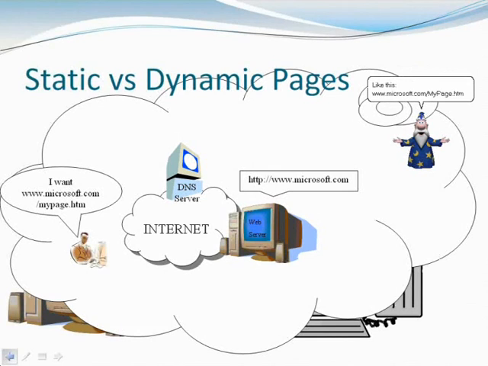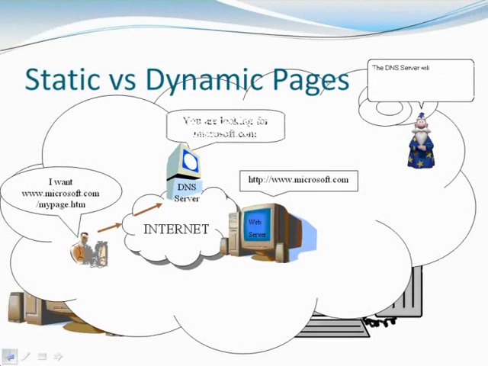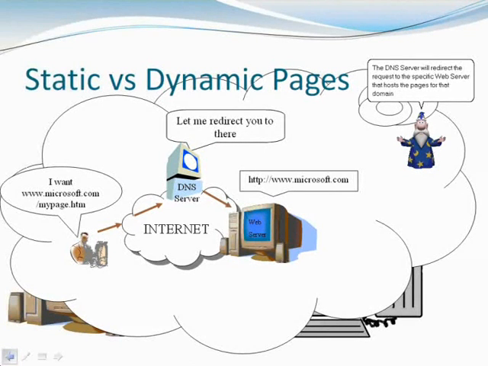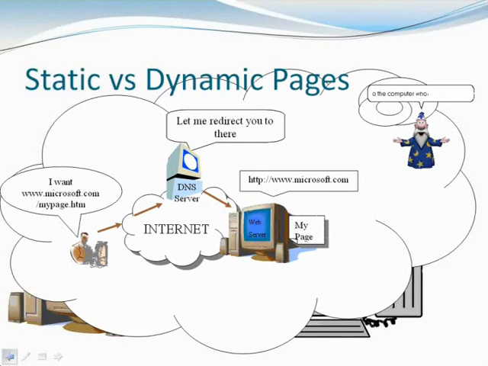Like this, www.microsoft.com/snippage.html. The DNS server will redirect the request to the specific web server that hosts the pages for that domain. And then the web server will respond to the request by serving up the page to the computer who requested it.